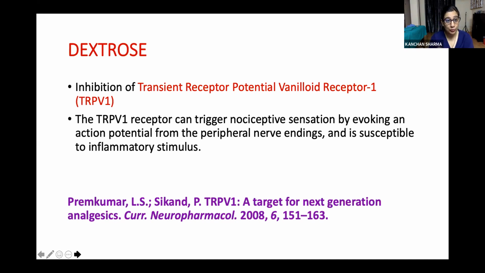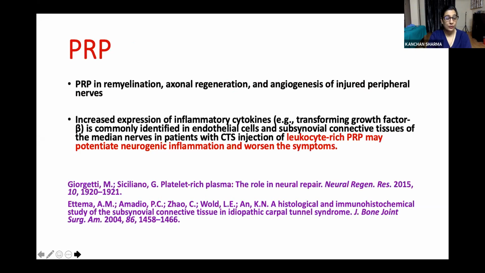So if you want to go for hydrodissection of the nerve, you can use local with steroid, one thing. Second, you can use 5% dextrose, which has an additional role, which I have already told. PRP is very, very good. And how does PRP help the nerve? These are two very nice articles.